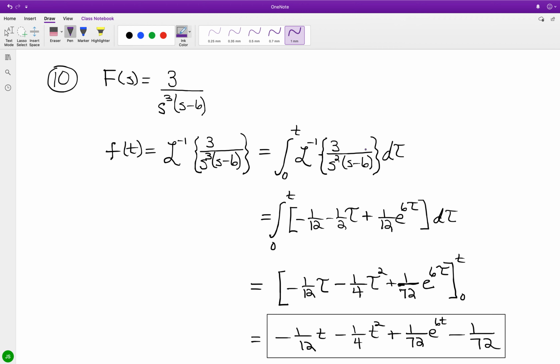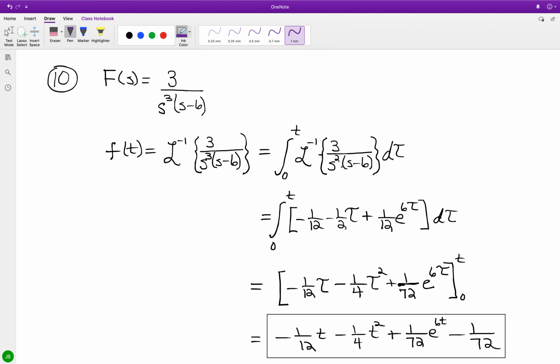And putting this inverse Laplace transform set up into the integral. So for 3 over s cubed times the quantity of s minus 6, we can say that's going to be equal to the integral as tau goes from 0 to t of what is going to be, in this case, negative 1/12 minus 1/2 of tau plus 1/12 of e to the 6th tau.